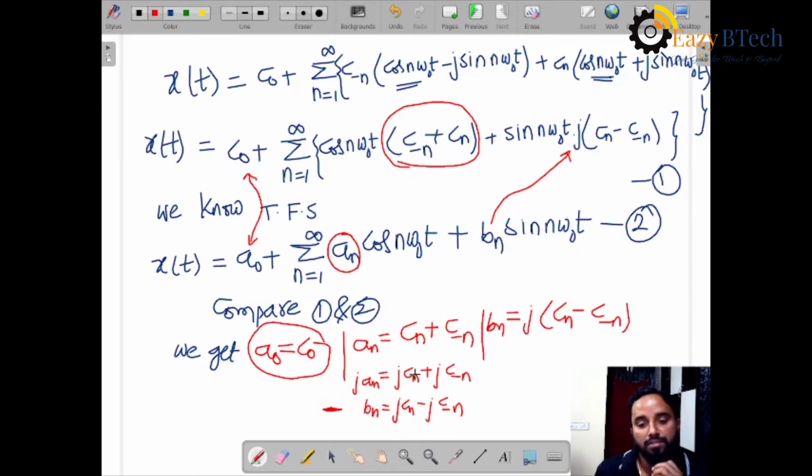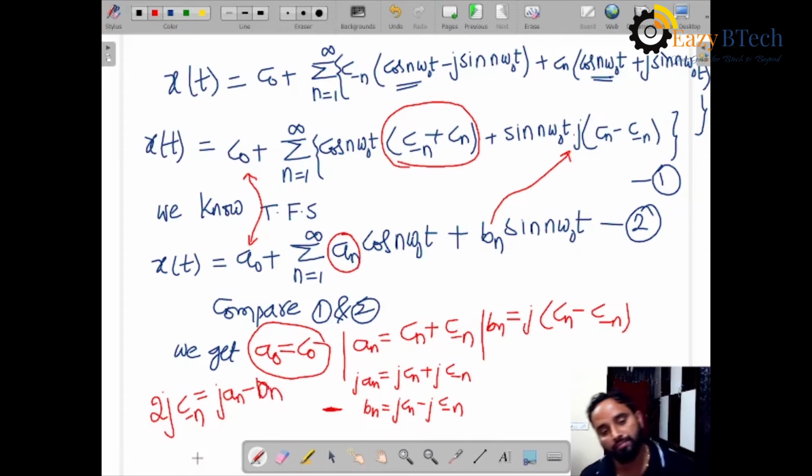So Jcn minus Jcn cancel. So we get 2Jc minus n is equal to Jan minus Bn, right?